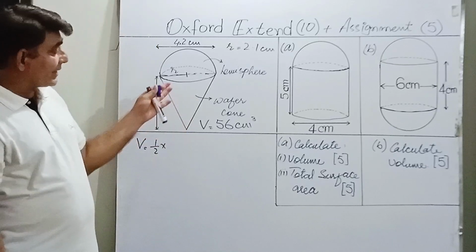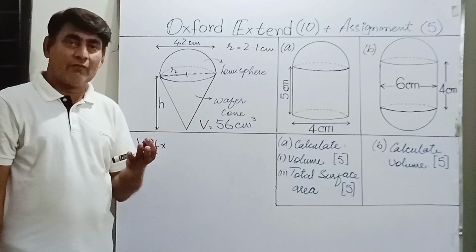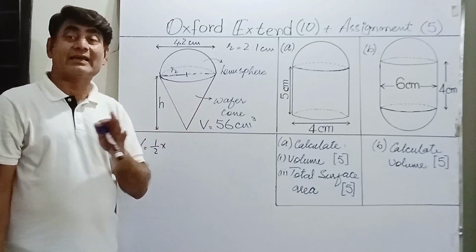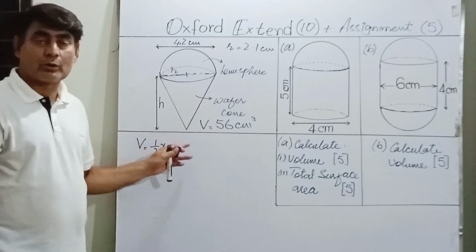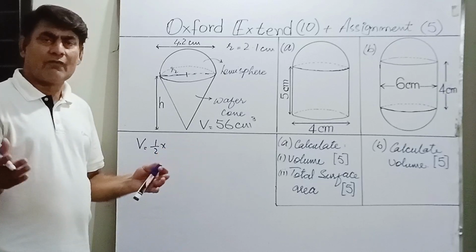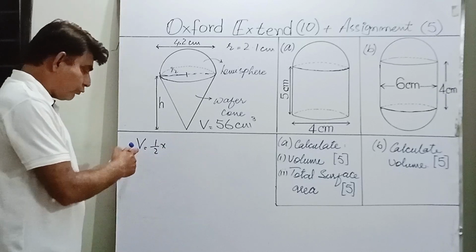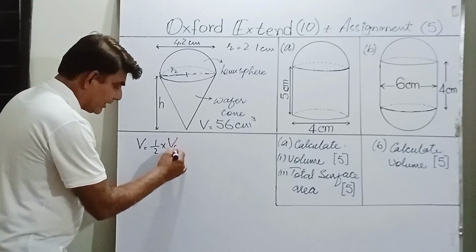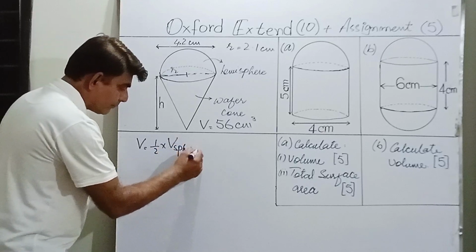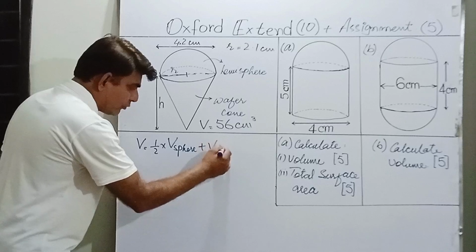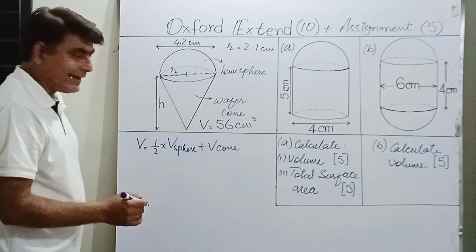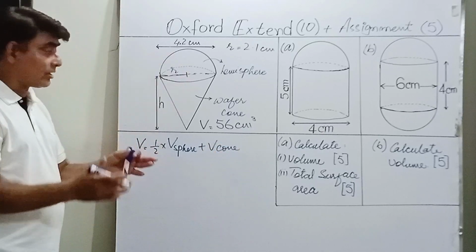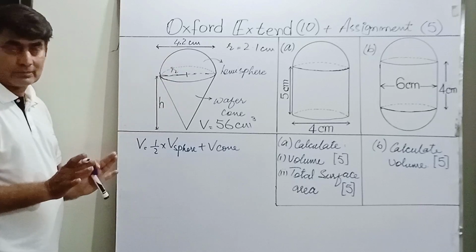Now I'm writing our formula and you can find it from different sources. So volume would be equal to half times the volume of a sphere plus volume of cone. So this figure consists of a hemisphere and a cone.